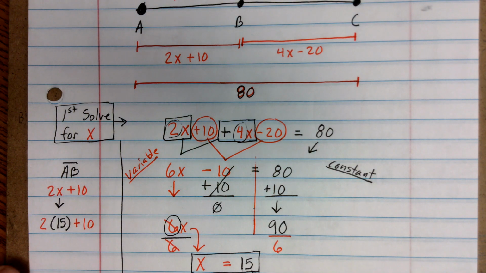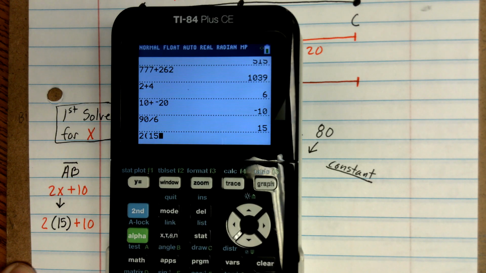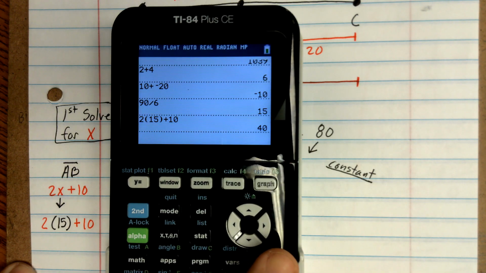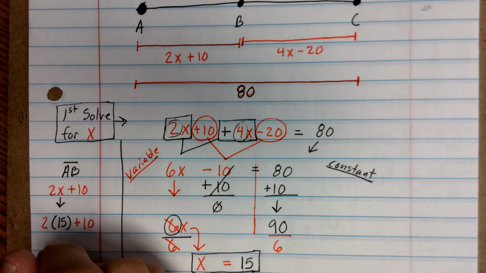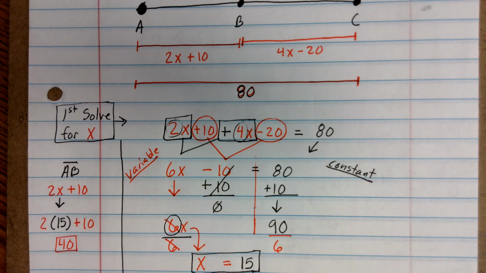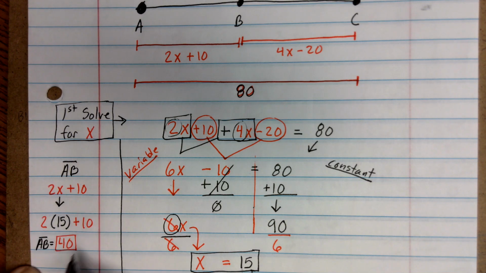And then we'll just put that in a calculator and see what it gives us. So I'm going to put 2, parenthesis, 15, close parenthesis, plus 10, and that gives me 40. So AB is going to be equal to 40. So that's my first answer.